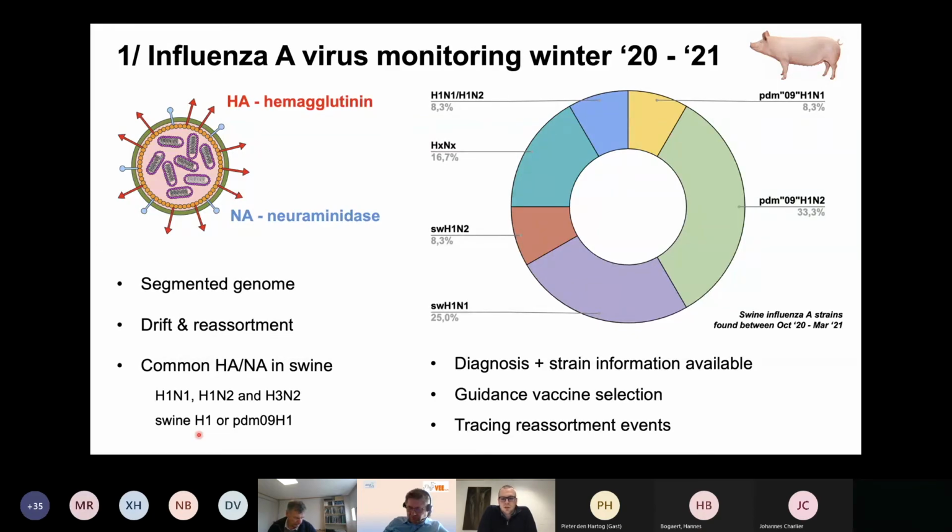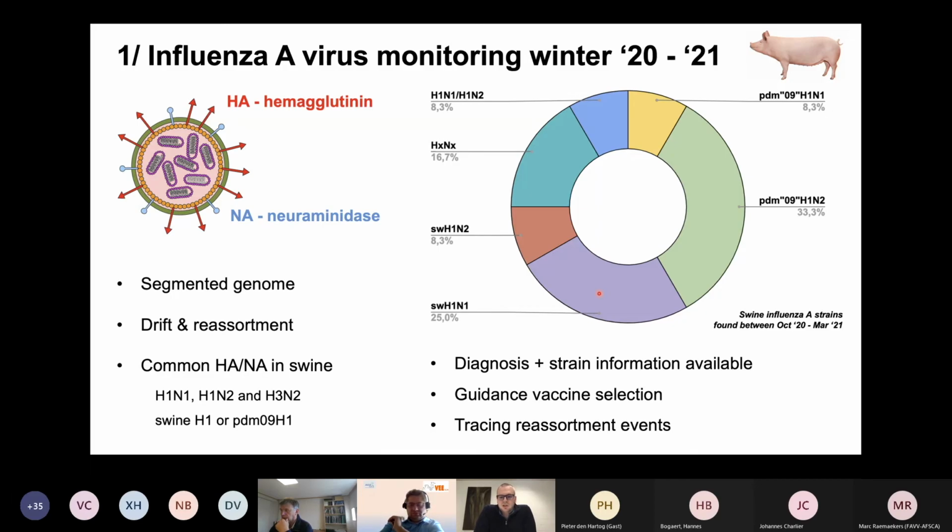So this is really interesting, to have not only the detection of influenza, but also the strain information immediately from the diagnostics. And this is an overview of the typings that we did during the past winter season. You see that almost 40% of the strains have the pandemic H1 subtype, while the other part has mainly the classical swine H1 type.